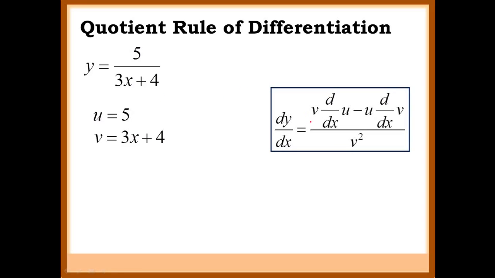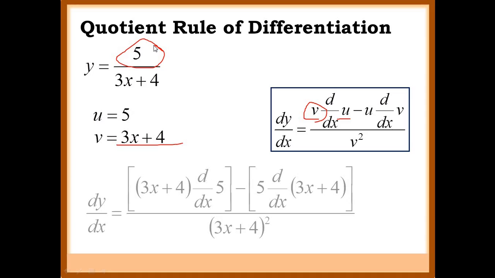So we have our v, yung nasa baba, which is 3x plus 4 times derivative nung nasa taas, which is 5. Let me show you.